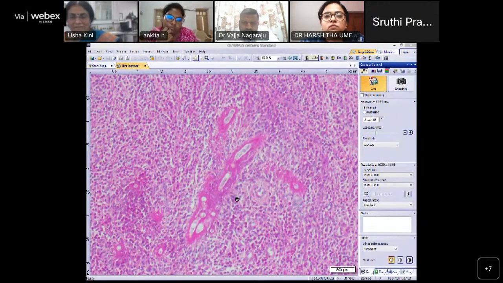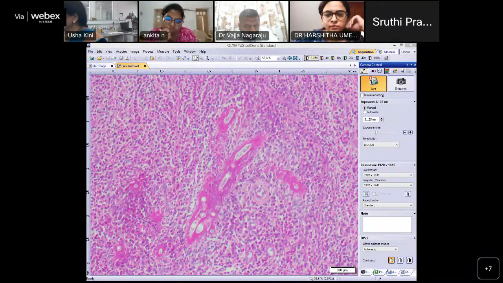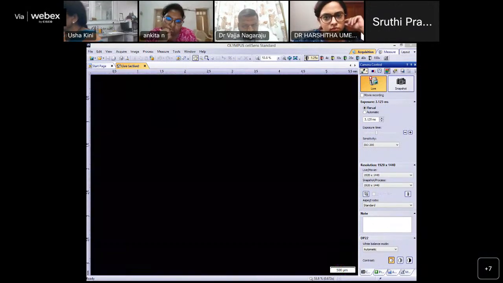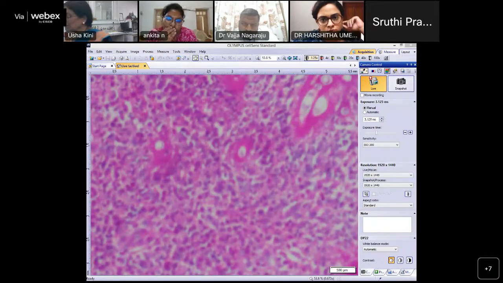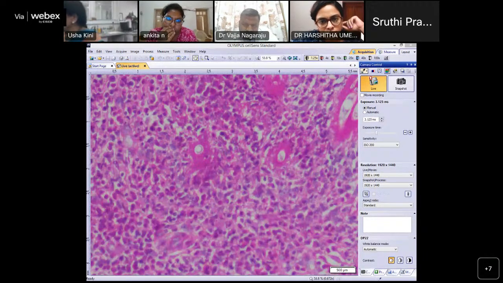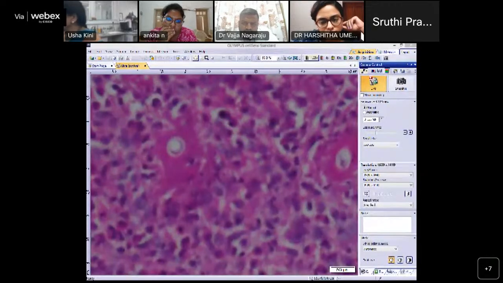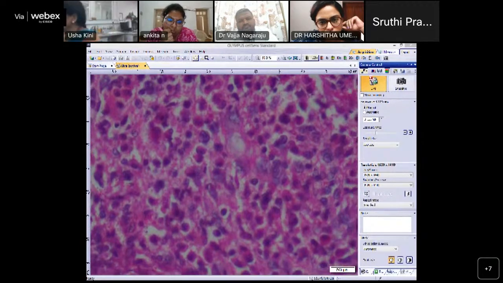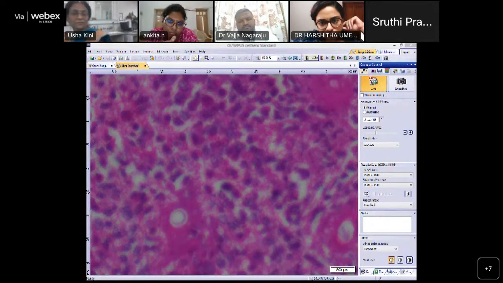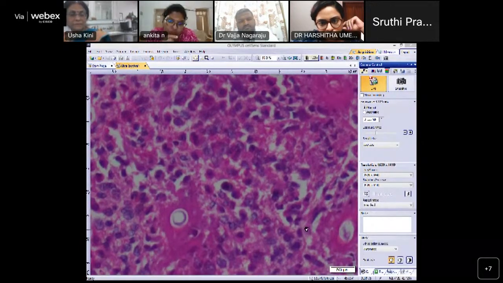This is one such lesion of a fungal infection where you see the maximum amount of Splendore-Hoeppli, which one would easily get confused with fibrin or fibrinoid necrosis of the blood vessels. So each one of them, if you look carefully, they have a hypha in the center.